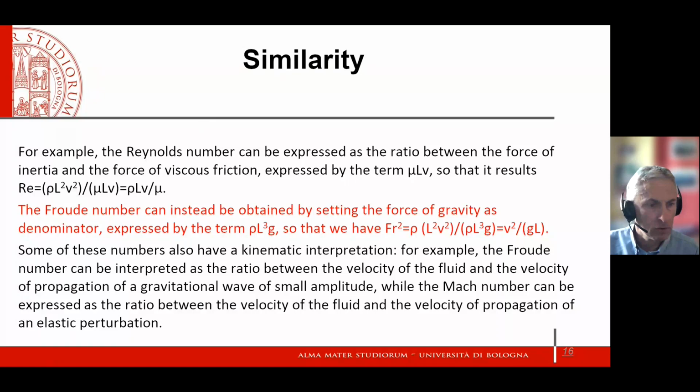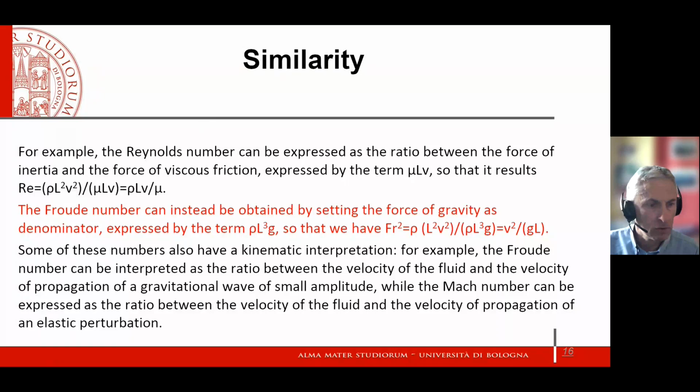So what is then the physical interpretation of the Froude number, which is, as I said, very interesting. Being the ratio between the velocity of the fluid and the velocity of the perturbations, if the Froude number is lower than 1, it means that the velocity of the perturbation is higher than the velocity of the fluid. It means that the fluid is very slow.